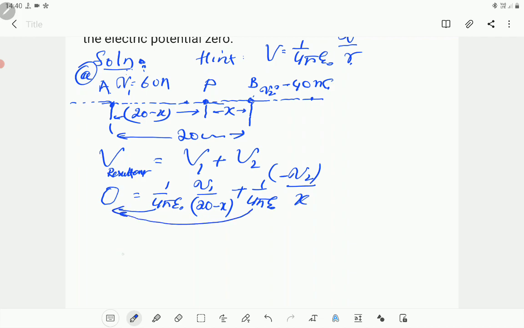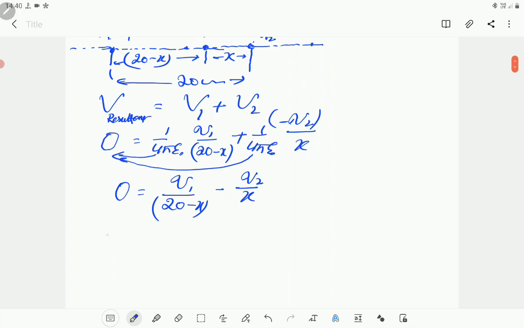0 is obtained. So you are left with on the left side 0, Q1 divided by 20 minus x, plus minus Q2 divided by x. So I can write it this way. Bring it to the left side, that is Q2 divided by x, and on the right side you have Q1 divided by 20 minus x.